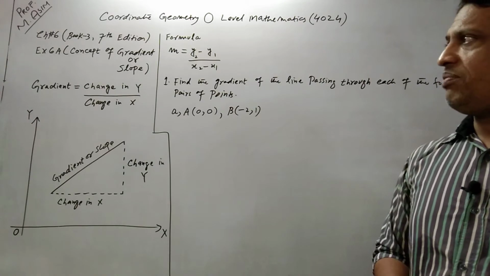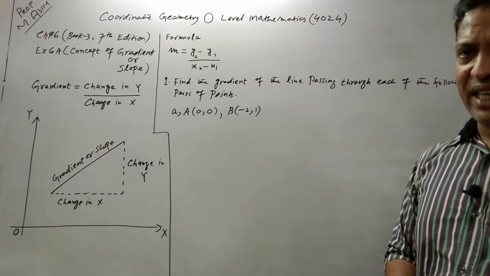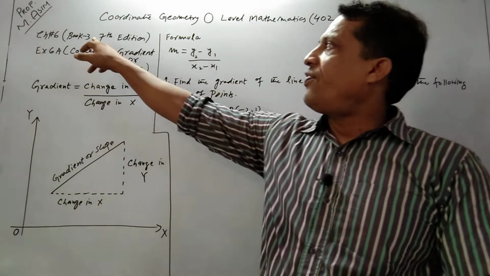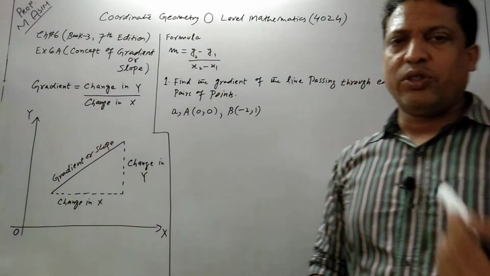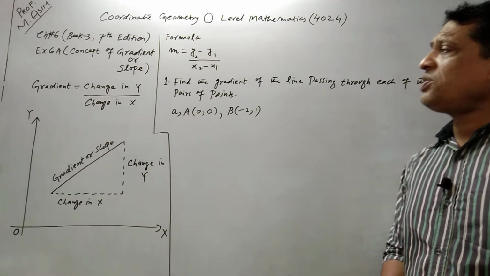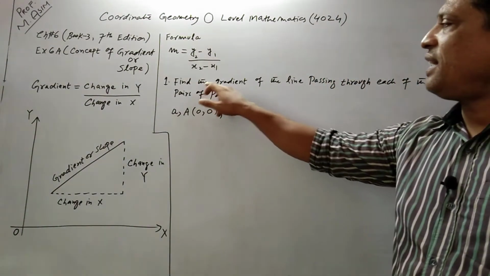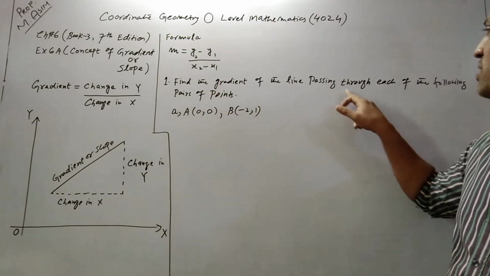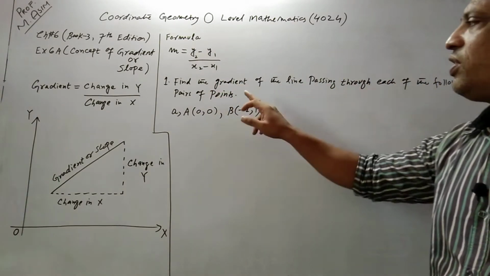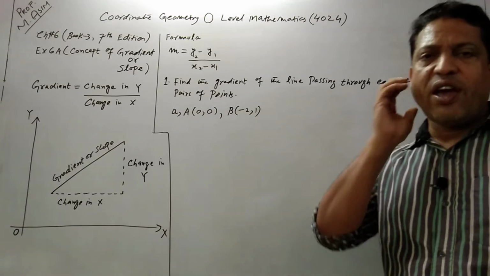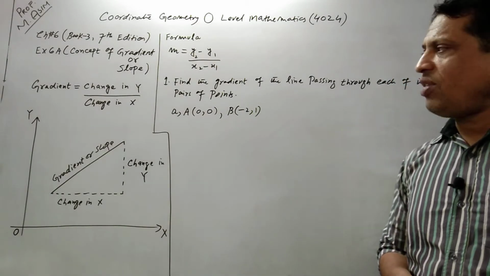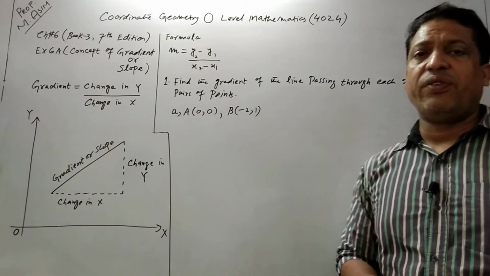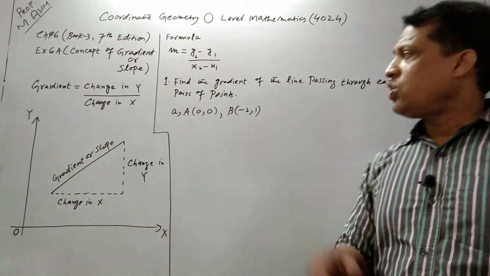See question number 1 of exercise 6a from math book 3. Find the gradient of the line passing through each of the following pairs of points. You are given pairs of points and you have to find the gradient with the help of these points.